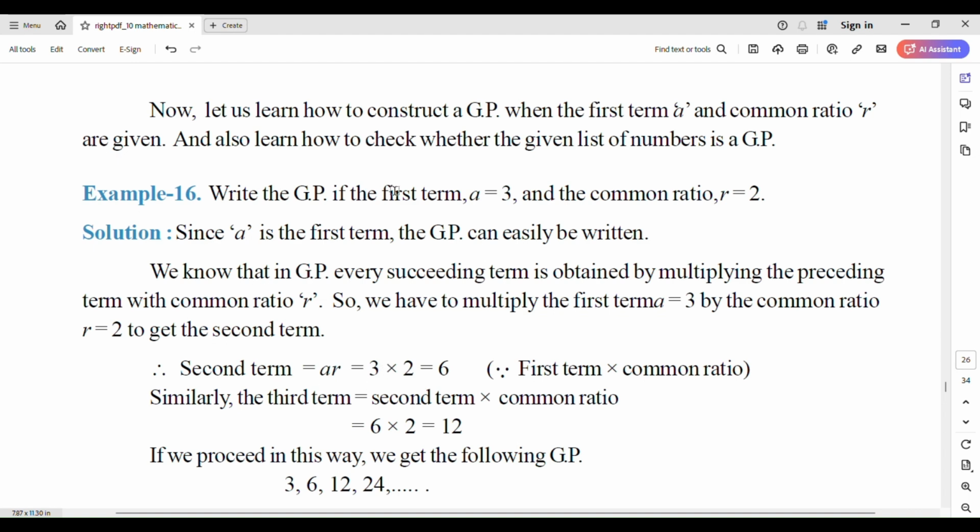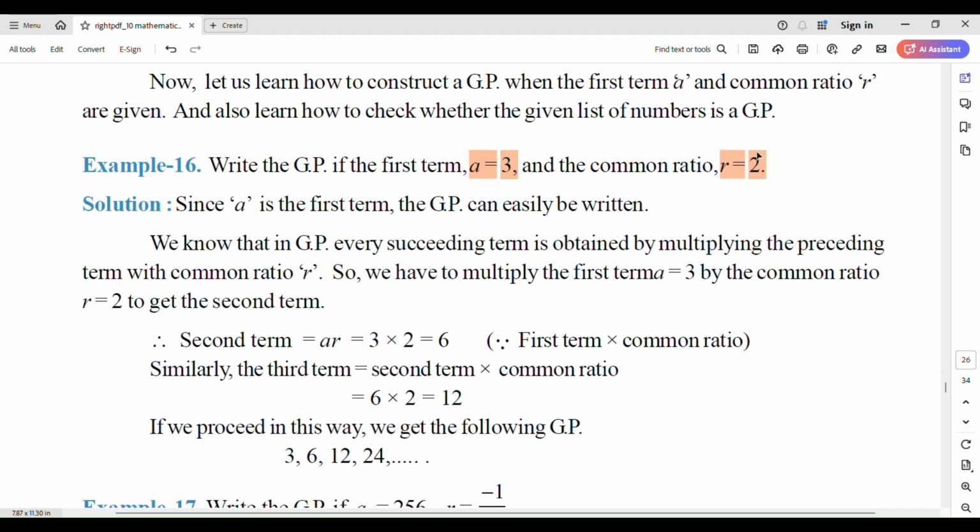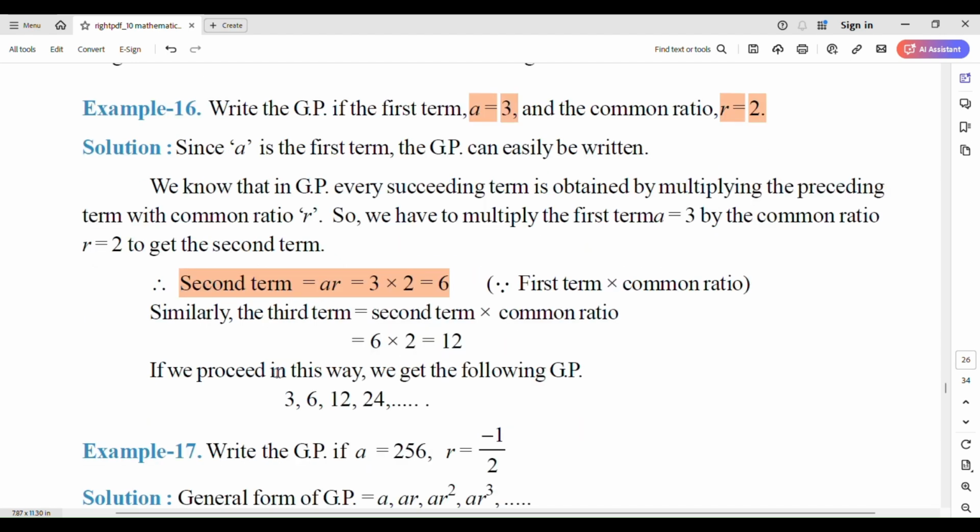Let's do some examples now. Write a GP if the first term is 3 and the common ratio is 2. This is a very basic question. We know that the first term is multiplied by the ratio to get the second term. So the second term is AR equal to 3 into 2, that is 6. Next, the third term is basically 12, and the GP will go on like this: 3, 6, 12, 24.